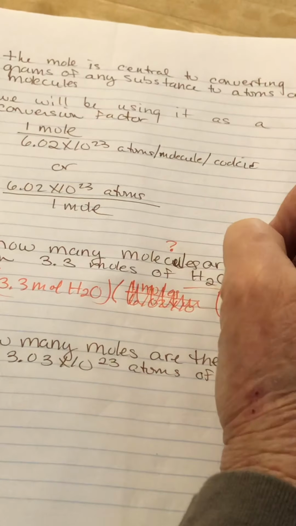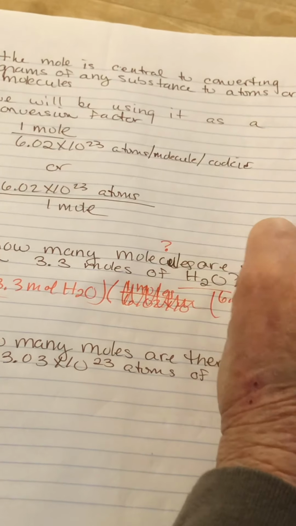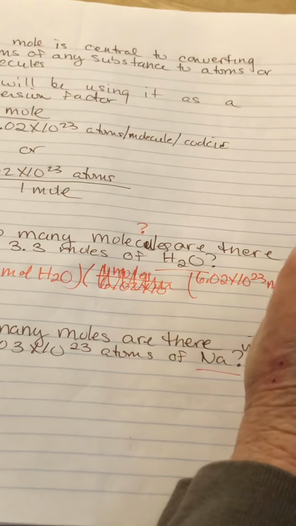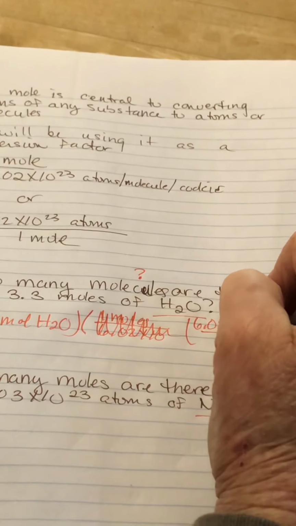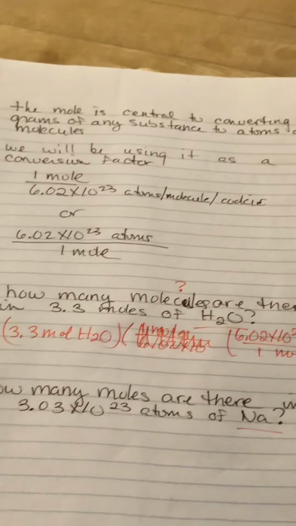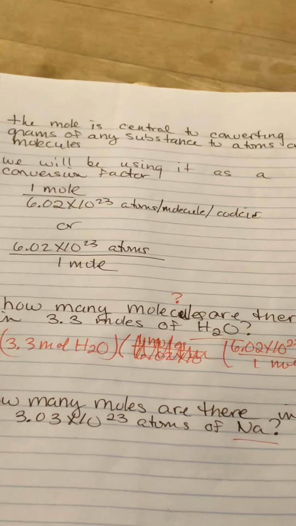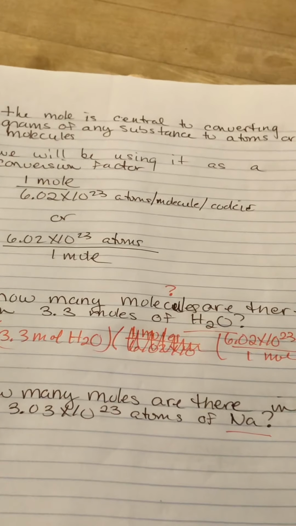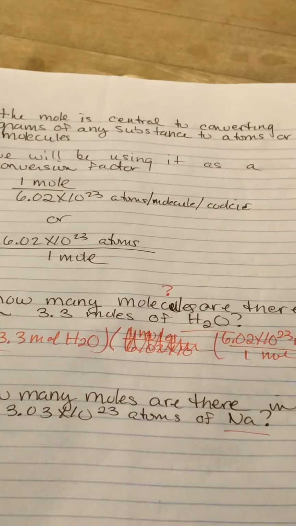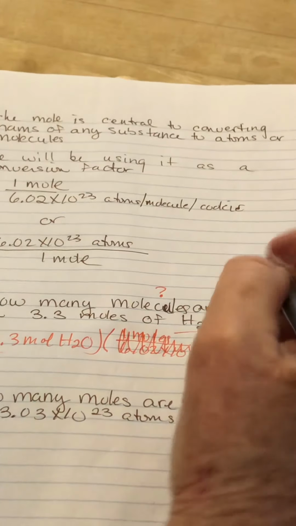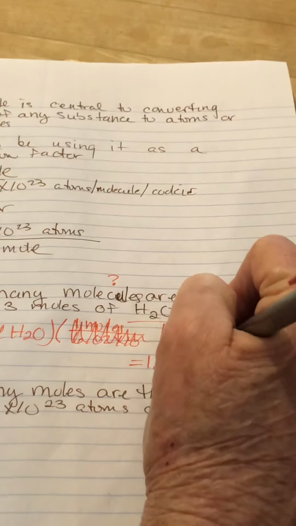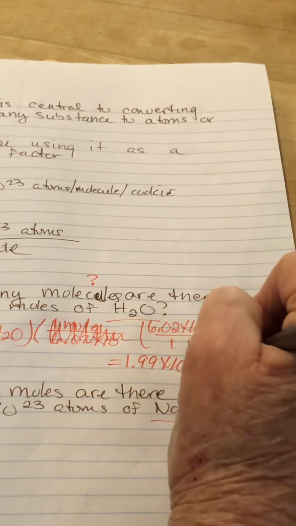I am looking for molecules. 6.02 times 10 to the 23rd molecules over 1 mole. So I'm going to multiply 3.3 times Avogadro's number. 3.3 times 6.02 EE 23, enter. Gives me 1.99 times 10 to the 24th molecules.